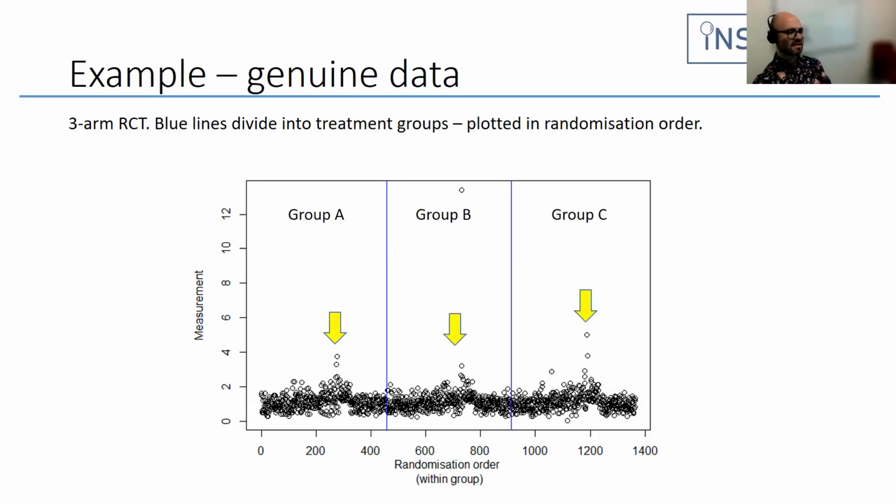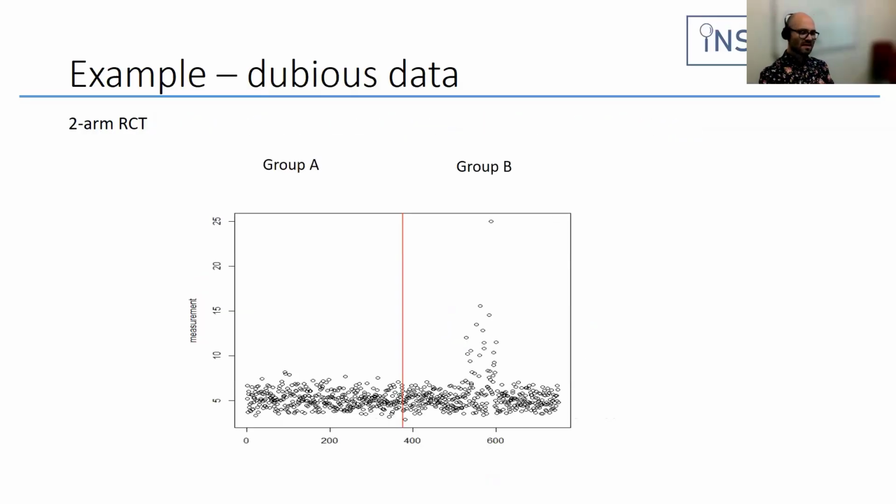Well, the important thing is that we see this happen in patients randomized around this time in the other groups too. And that is what you'd expect to see under genuine randomization if there were some sort of problem like this. So that wouldn't be a cause for concern at all. Let's look at this example. So this is a two-arm RCT this time, but same idea, a vertical line dividing into two groups.